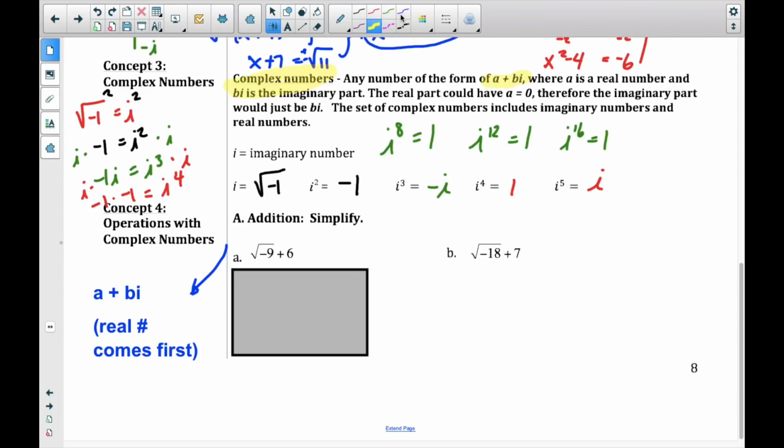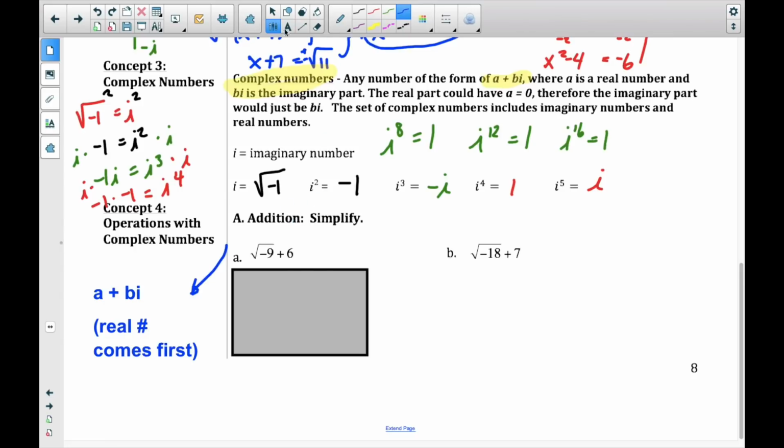As we talk about operations with complex numbers, the first thing we would probably talk about would be addition. How can we add these two numbers together? First of all, that square root of -9 needs to be simplified. If it's a perfect square, because 9 is a perfect square, when you take the square root of it, you just have an i with it.